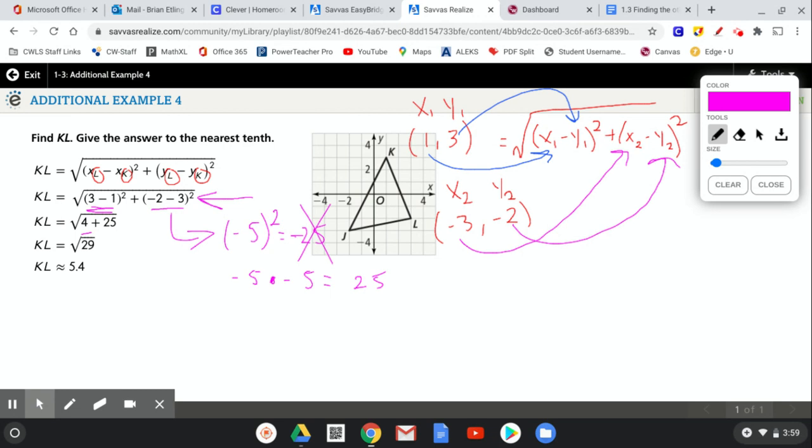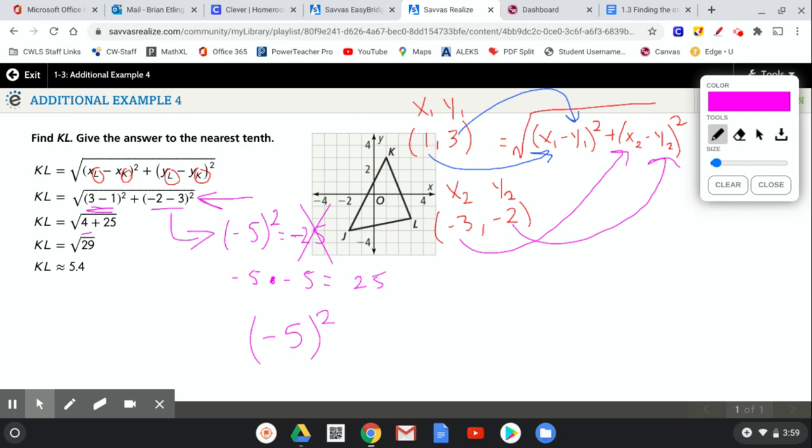I'm pretty sure, and we'll kind of go over this when we're in class, but if you have one of those red calculators, it's like the smaller one, what you're going to want to do is plug it in as parenthesis negative 5 parenthesis, put the squared key, okay?